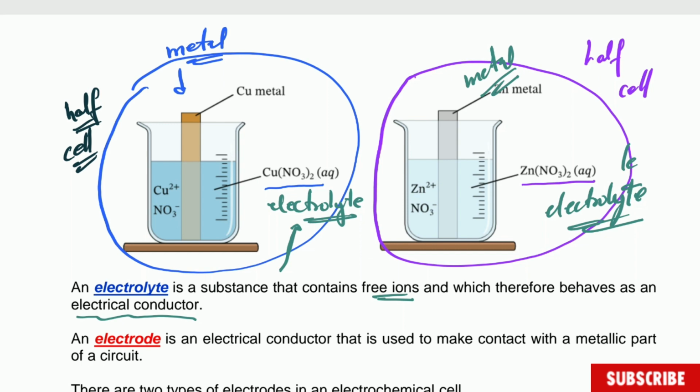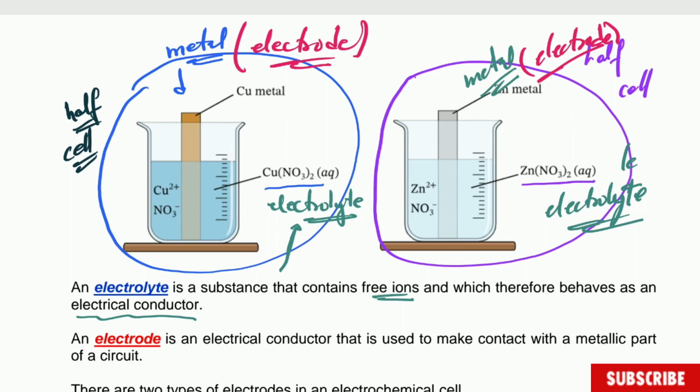What is very important as well is that these metals are called electrodes. This one here is an electrode, as well as this one here. Now, what is an electrode?